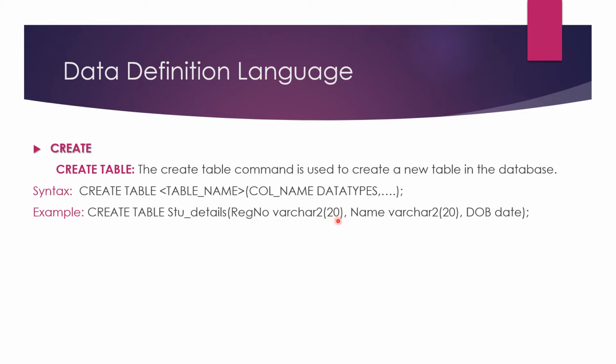Varchar2 is a data type, and 20 is the size we are going to give for the register number. The second column is name, its data type is varchar2, and its size is 20. The third column is DOB, date of birth, and the data type for the DOB is date. Then end the statement with a semicolon.